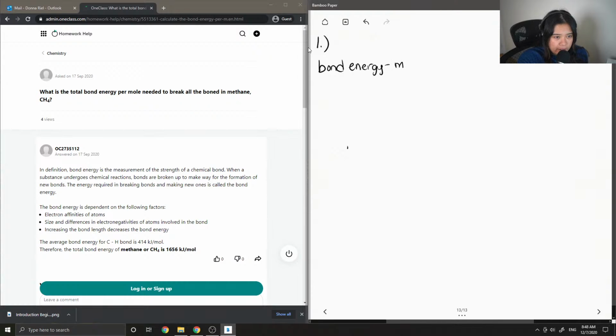So bond energy is the measure of bond strength to convert one mole of a molecule into its constituent atoms.